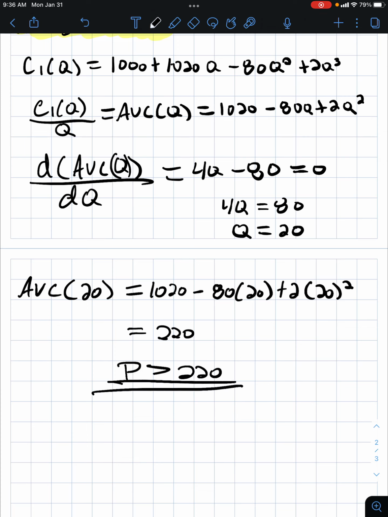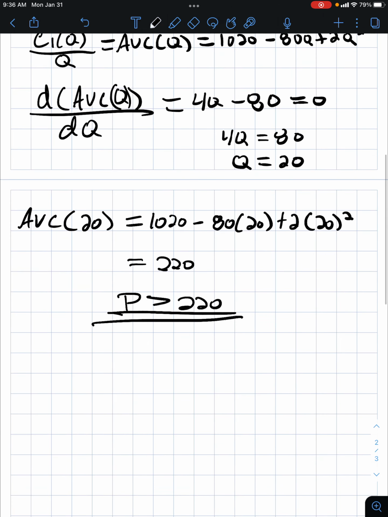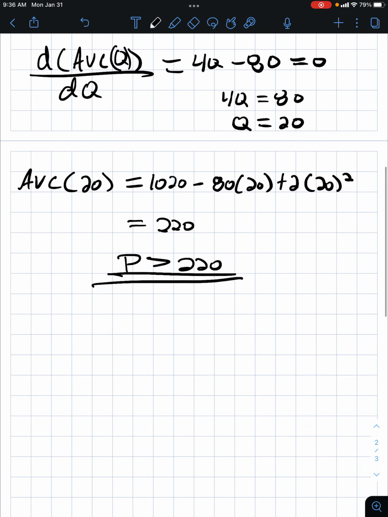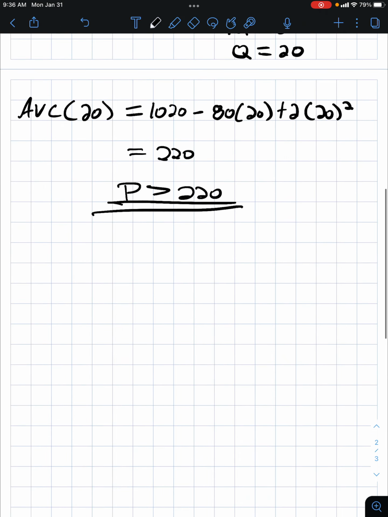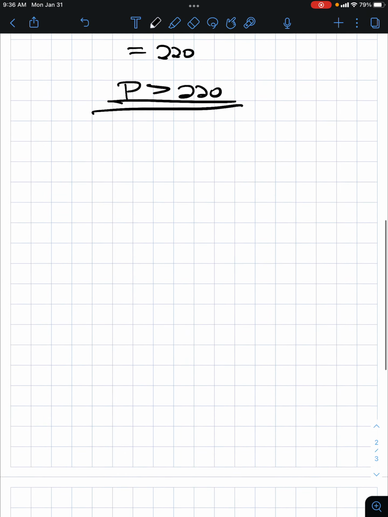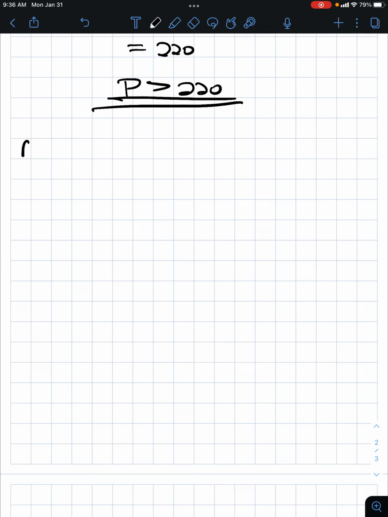So this is firm 1's shutdown price. Now let's work on firm 2.